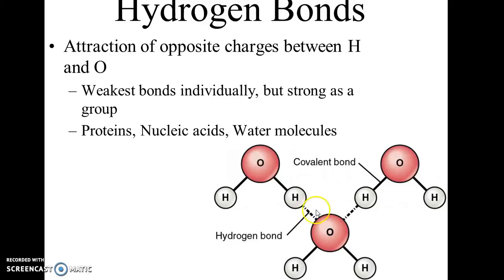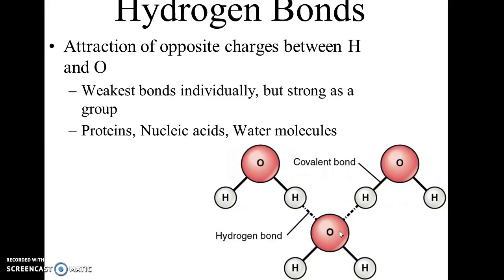So here's the hydrogen bond right here between the hydrogen of one water molecule and the oxygen from a different water molecule. They're kind of weak bonds individually, but together they can become very strong.